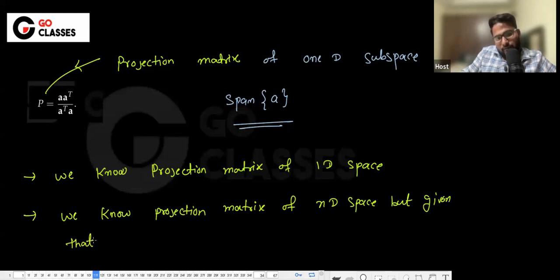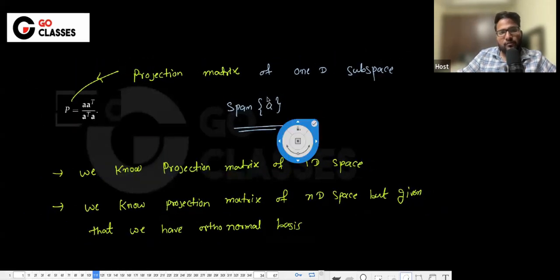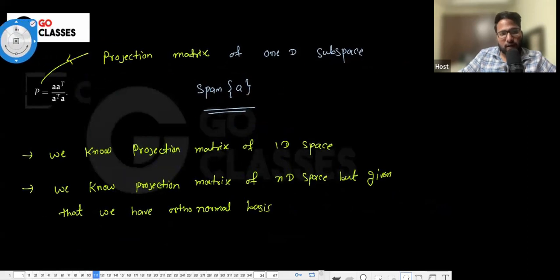Now what we ultimately want to know is the projection matrix of N-dimensional space for any arbitrary basis, right?